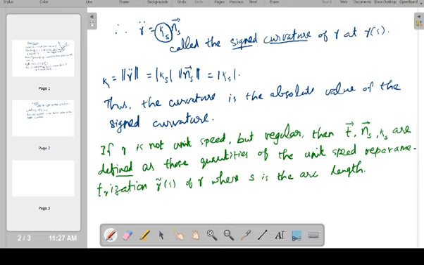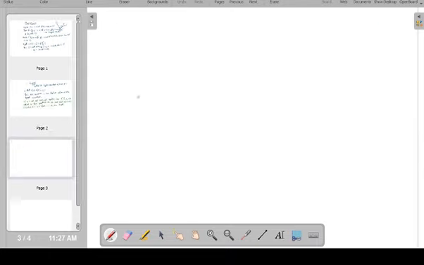Okay. So let us compute these quantities for a regular curve, not necessarily a unit speed curve. This is the original interval.